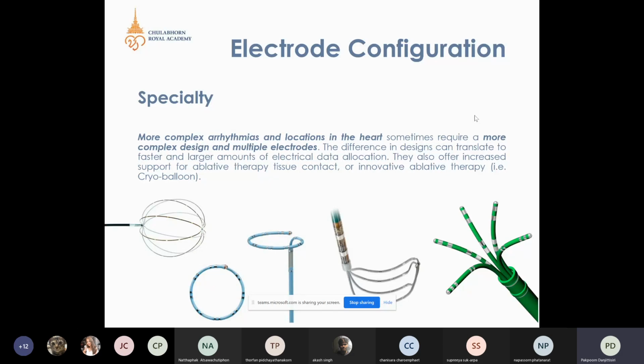They also offer increased support for ablative therapy, tissue contact, or innovative ablation therapy such as cryoballoon.